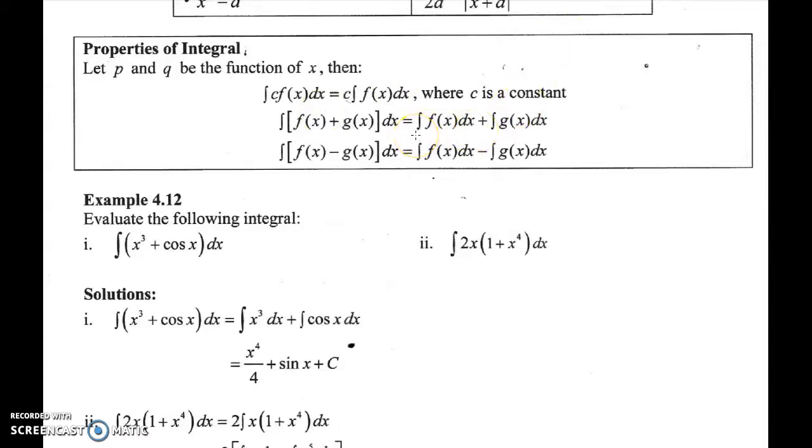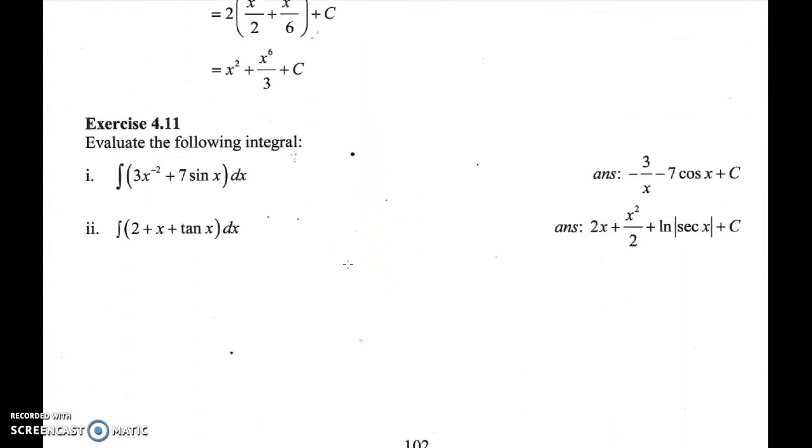That is on constants, and on summation and subtraction. Later we will also have some other properties or methods to deal with integration in other situations, but let's stick to the basic idea first. Let's look at exercise 4.11.